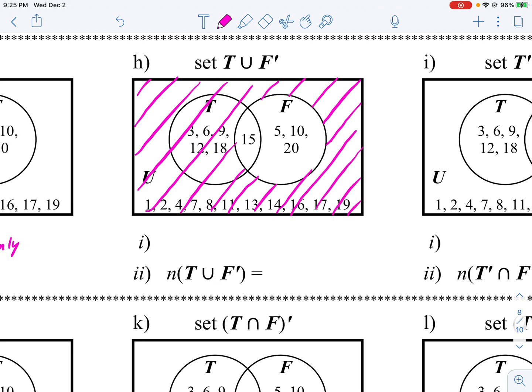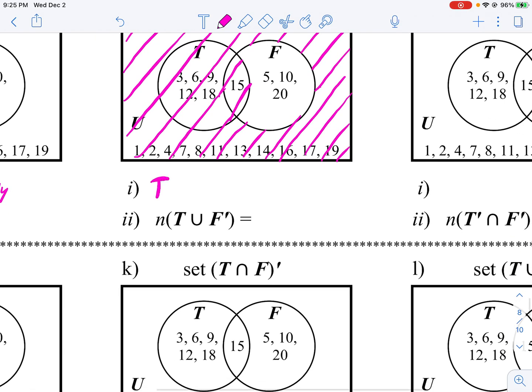T or not F. So yes, it can be T. So that middle part would be included, because it's either T, which includes everything in T, or it's not F. That would just be T or not F. And the number in there is 17.